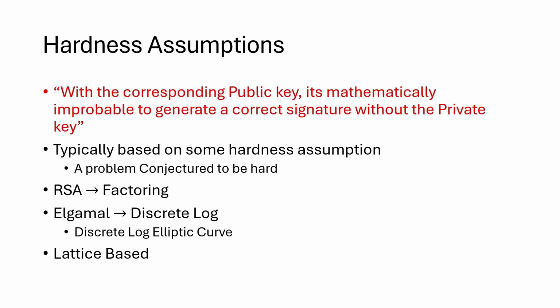Factoring hardness means that if I give you two prime numbers, multiply them together, and give you only the product, it's very difficult to get the actual primes. Discrete log is that, for example, you're given a cyclic group and a particular element of that group. It's not impossible, but very difficult for you to tell me the exponent on the group identity that derives that particular element.